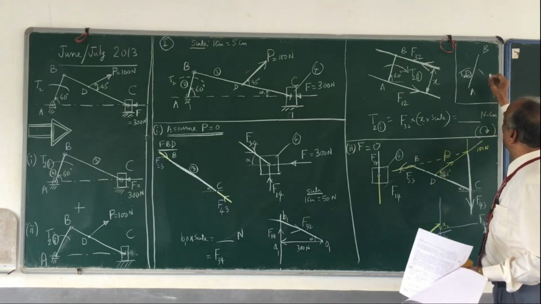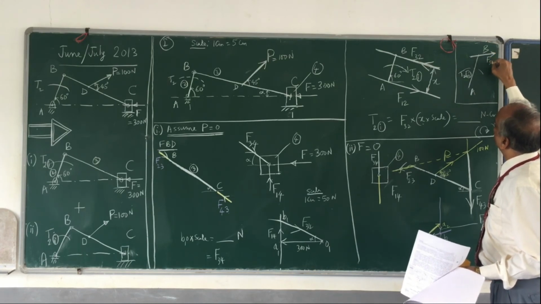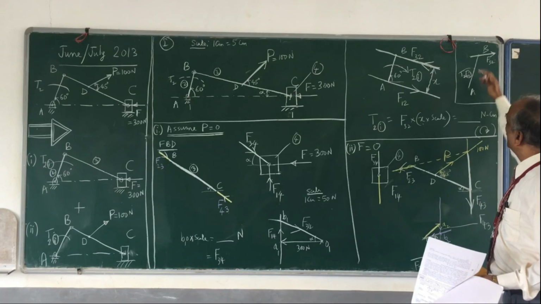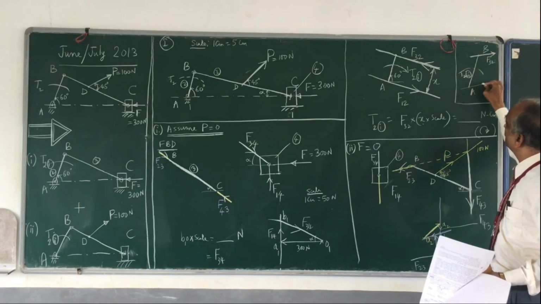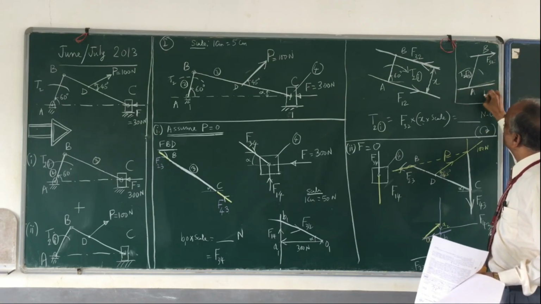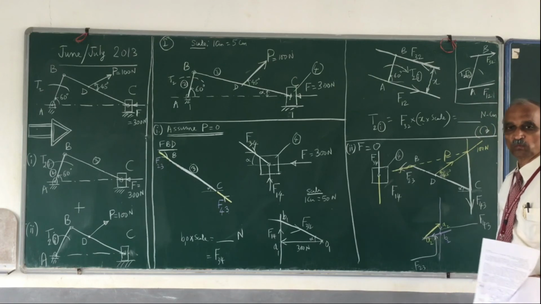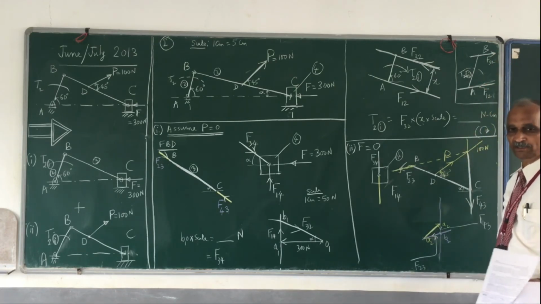And therefore F32 is towards right. This is your F32. And draw a line parallel to this at point A. You get what is called? What is this force? This force is F12. And what is the direction? Exactly opposite to this. This is the direction.